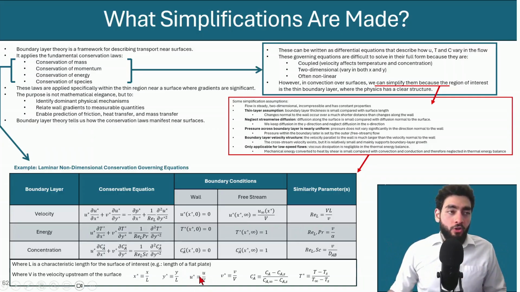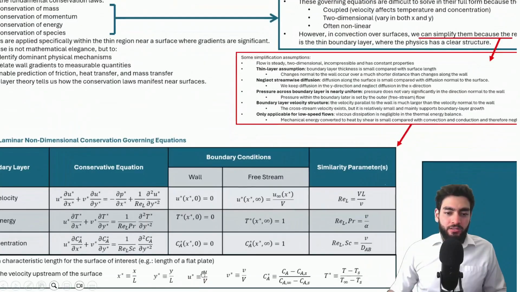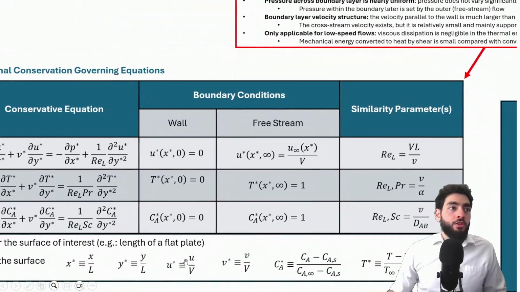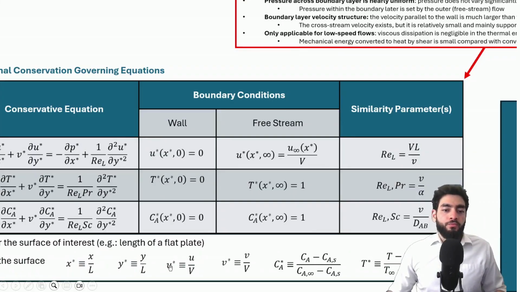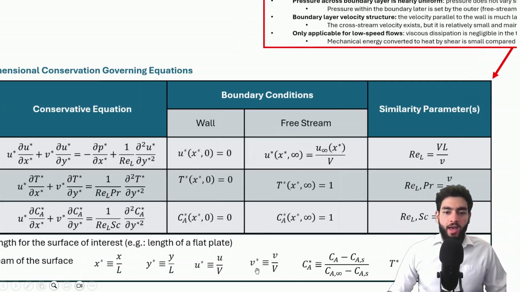And the velocity with an asterisk is essentially the velocity at any point x as a ratio to the upstream velocity, so that would be the free stream velocity. And you also have the velocity in the y direction.